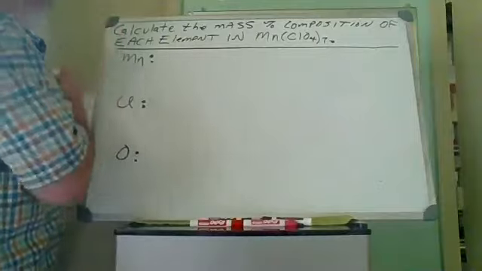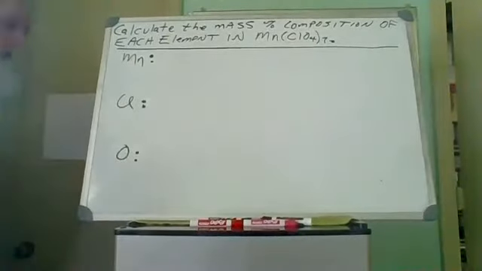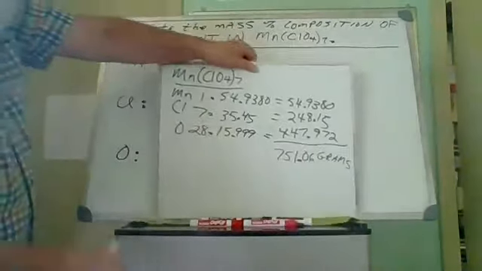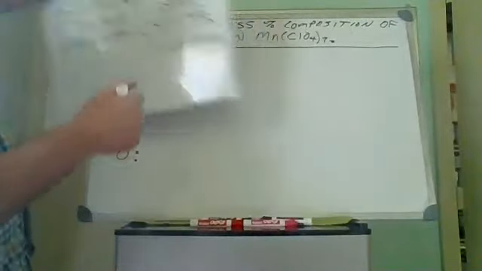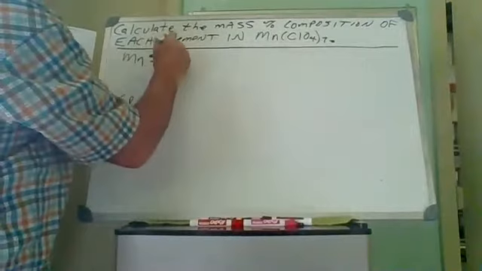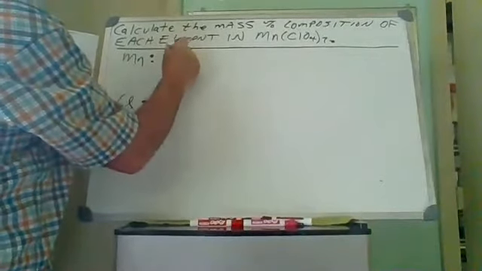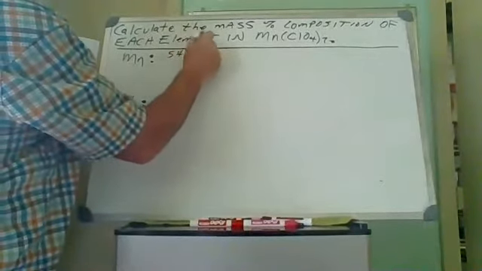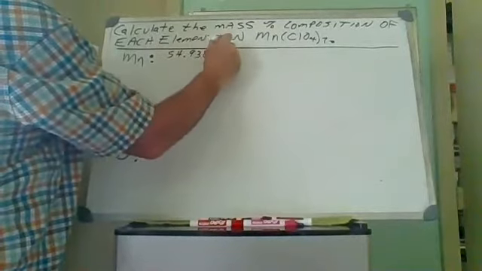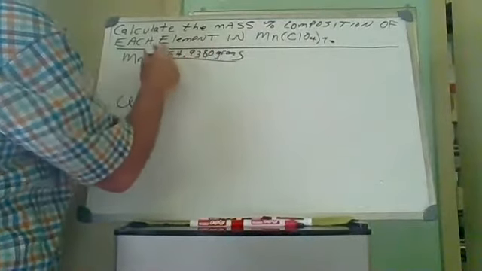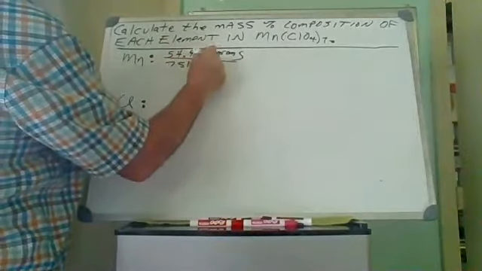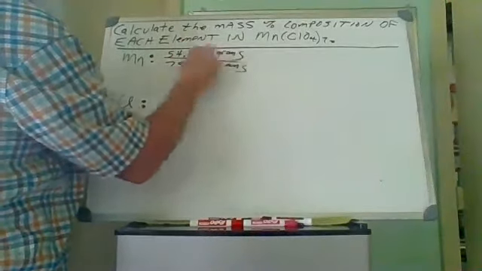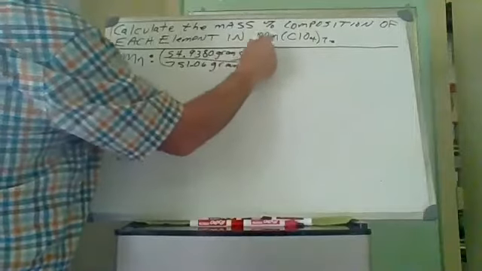Now, again, for manganese, it's going to be 54.9380 grams divided by 751.06 grams times 100%.